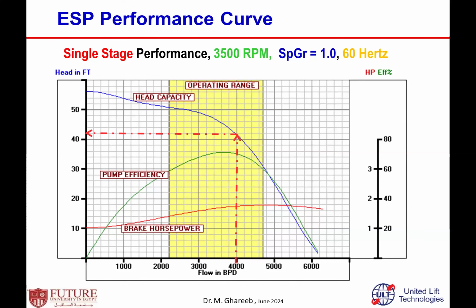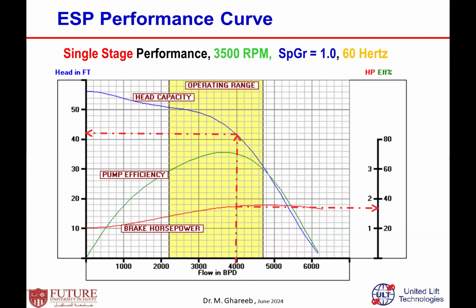That means for this type of pump, if I use this type of stage, then each stage, if I wanted to produce 4,000 barrels per day, is lifting 42 feet. At that rate, what will be the horsepower? What will be the pump efficiency?